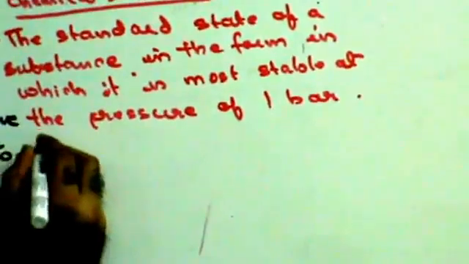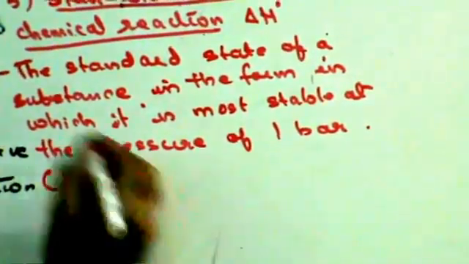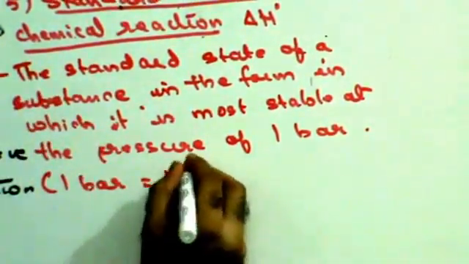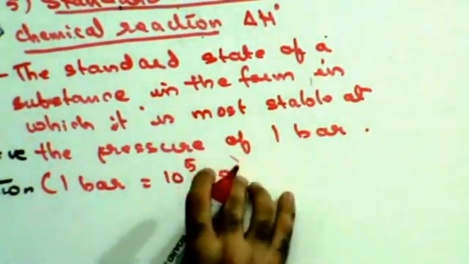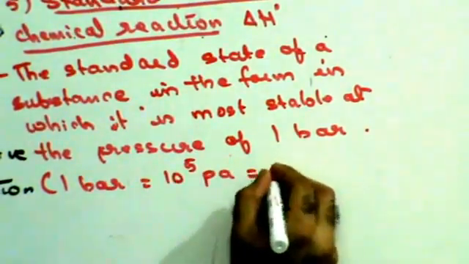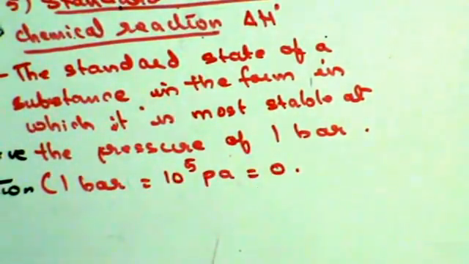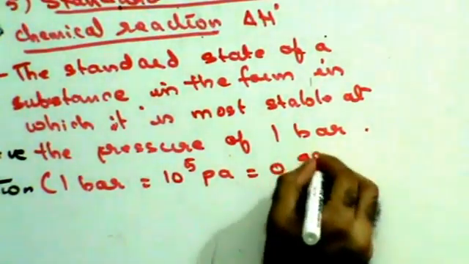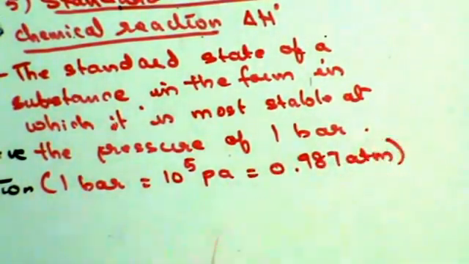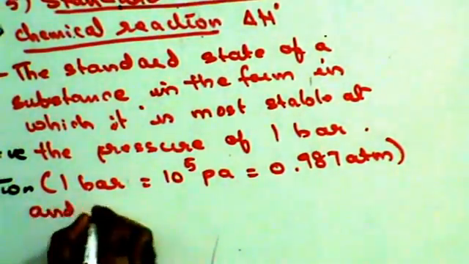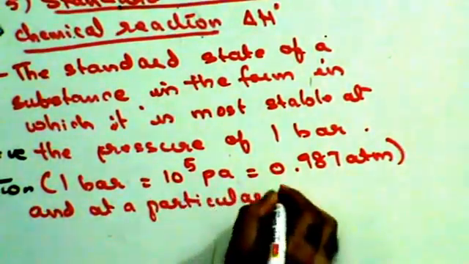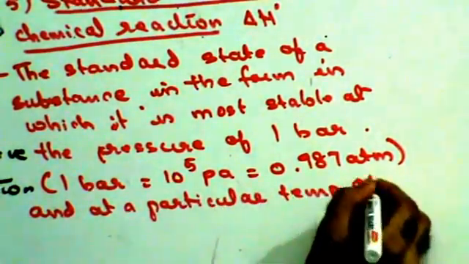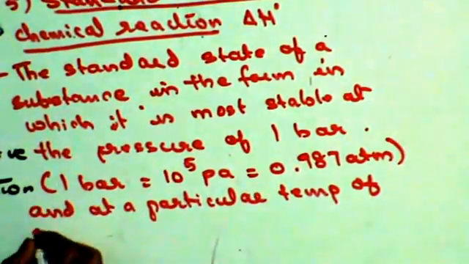I hope you all know what is 1 bar. 1 bar is nothing but 10 to the power of 5 pascals, or if you want the conversion factor in terms of atmosphere, 0.987 atmosphere to be precise, and at a particular temperature of 298 Kelvin.